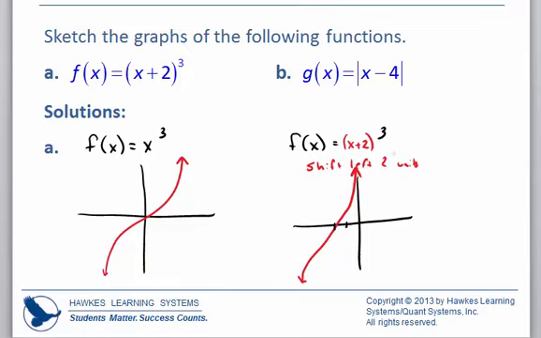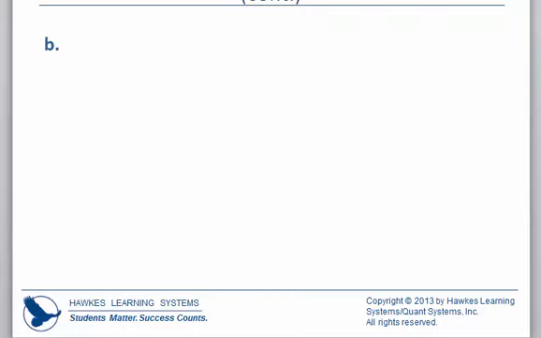All right, so let's look at part B. Part B says that we have g of x is equal to the absolute value of x minus 4. Now again, we want to correlate this first to one of our basic functions.